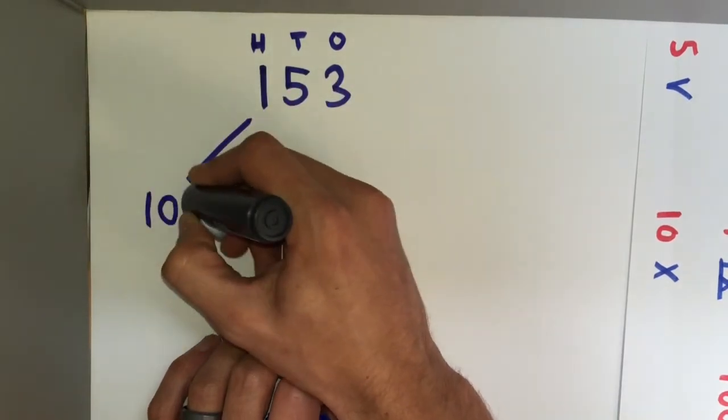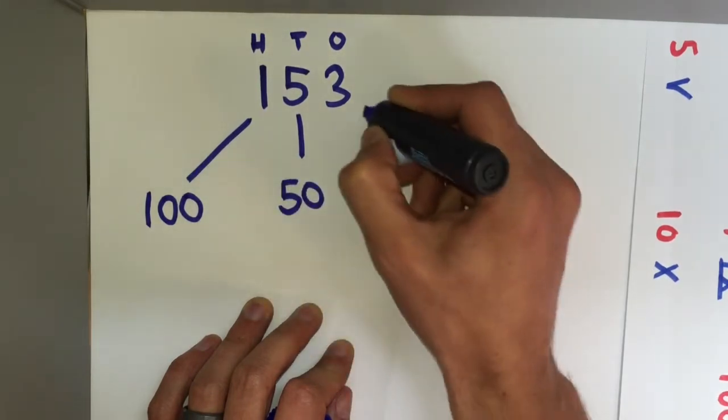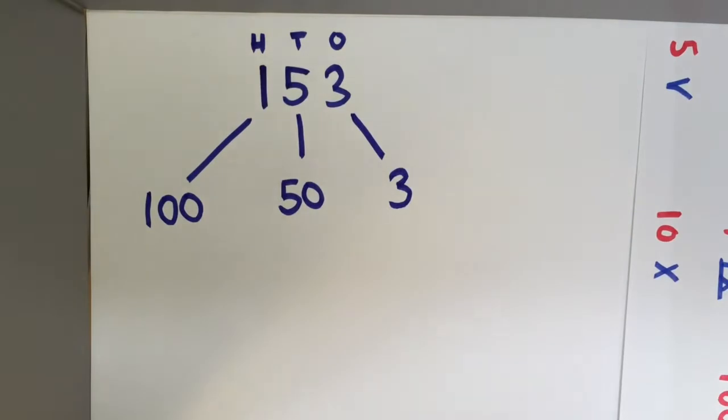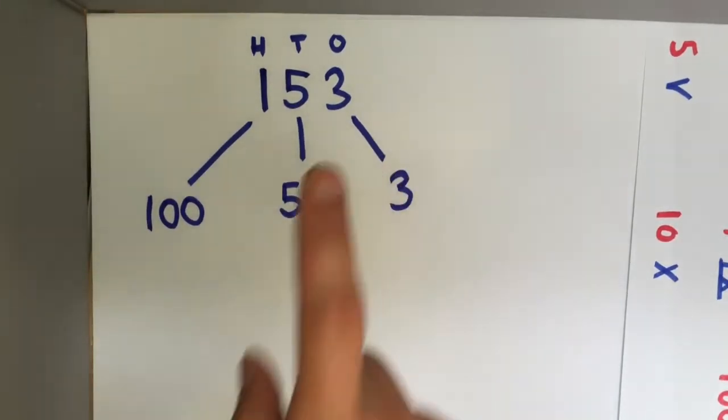This is 100. This 5 lots of 10 is 50. And these 3 ones are 3. Now, once I've partitioned it, at this point, I start writing my Roman numerals. But I do it for each of these numbers first.